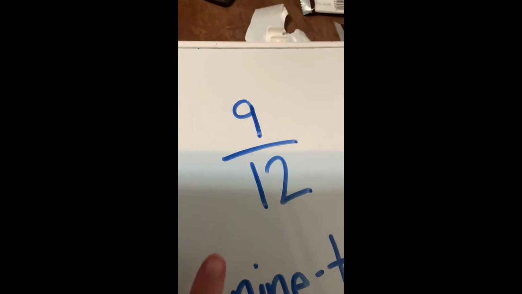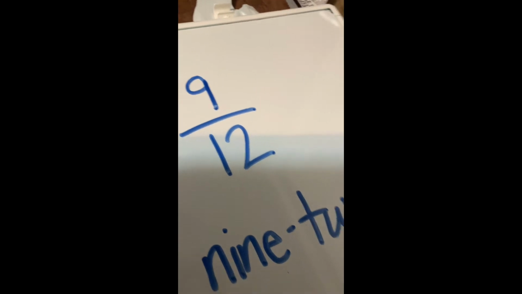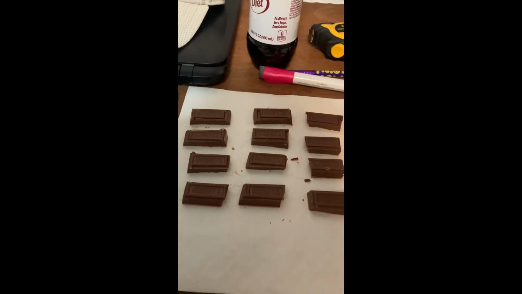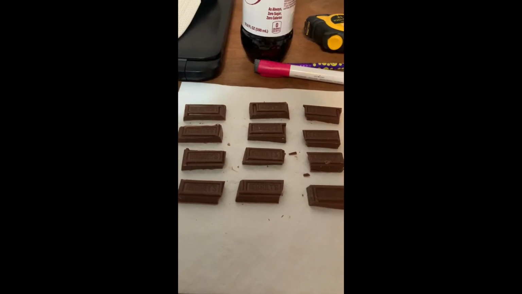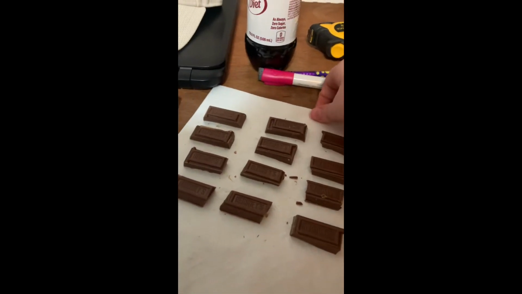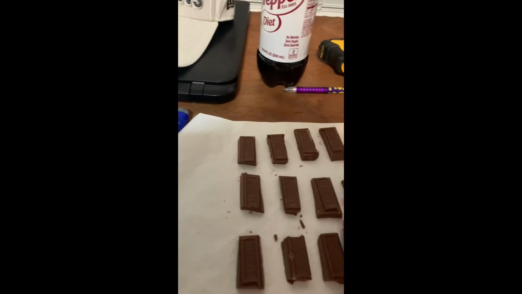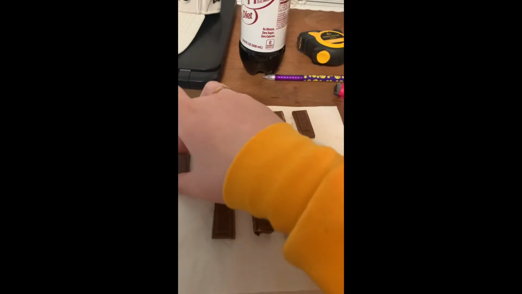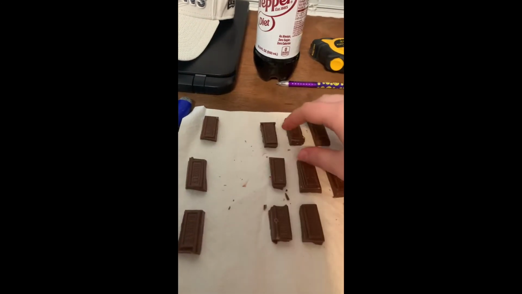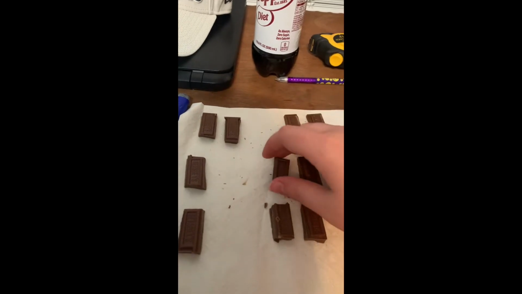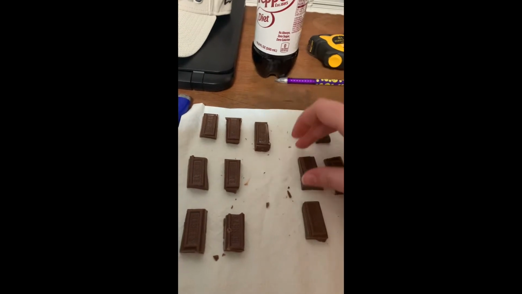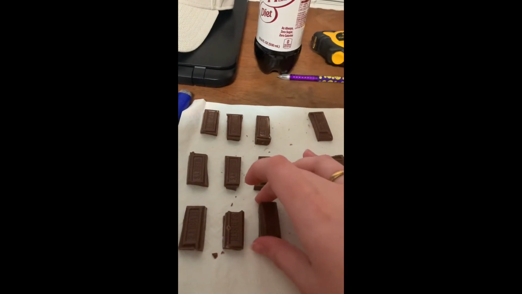So as I said, 12 is our denominator. So we do want this 12 to equal the whole number, the amount of pieces that we have total. And then the 9, the numerator, is going to demonstrate the amount of pieces that we take away. So we will have 1, 2, 3, 4, 5, 6, 7, 8, 9.